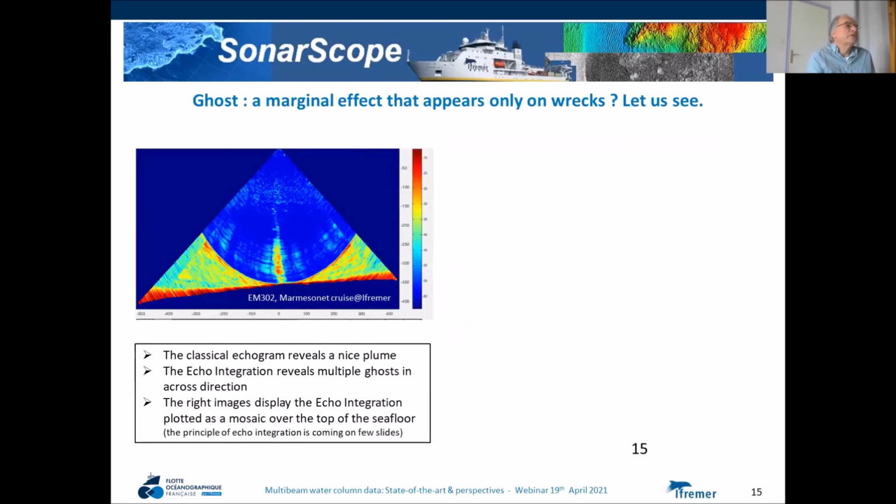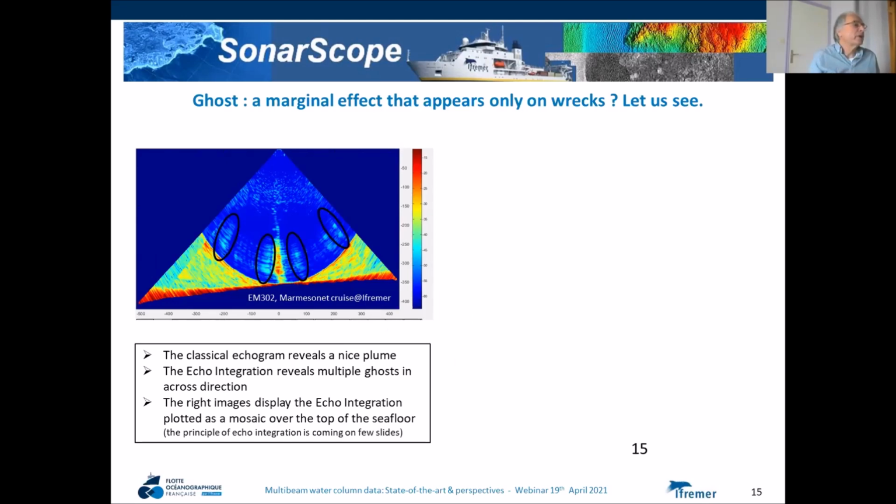One could wonder if the ghosts are specific to wrecks or sharp relief. Let us look at this data now where a gas emission appears at the nadir. Look at these parts of this image. They are indeed copies of the gas plumes imaged by the side lobes of the tilt beams.